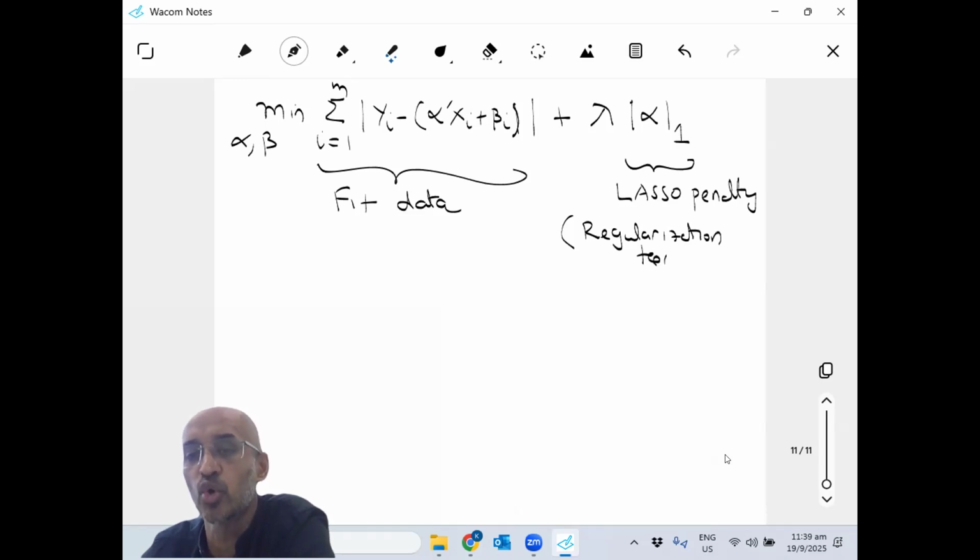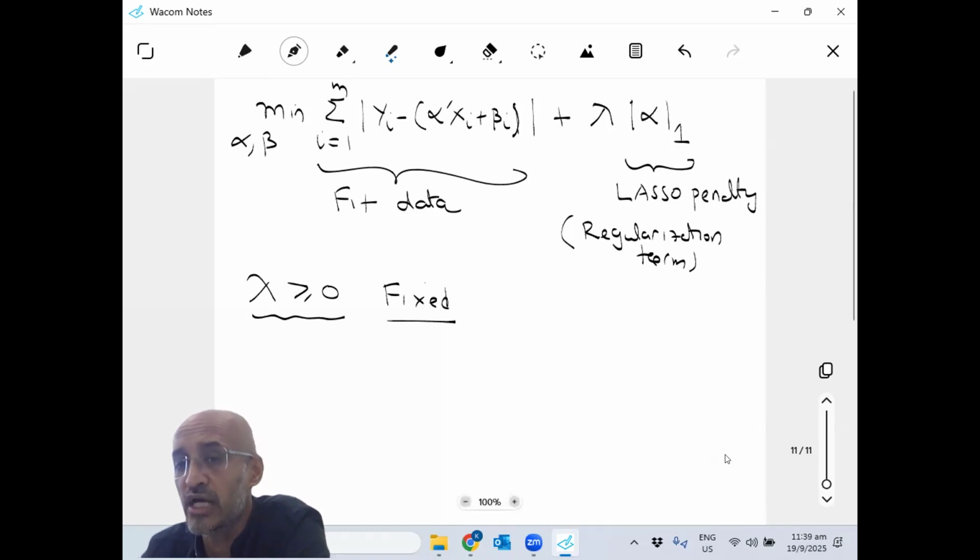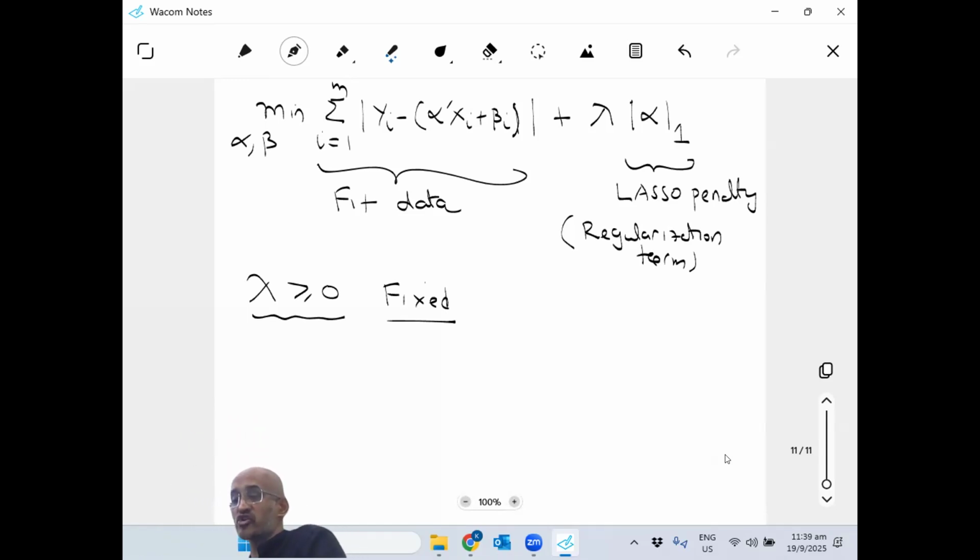Okay, so what is this trying to do? This lambda here is a fixed number. It's a regularization parameter. It has to be fixed. If lambda is fixed, it is trying to penalize the magnitude of the alpha coefficients if they are very high. So if many of the alphas go to zero, this value will go down.